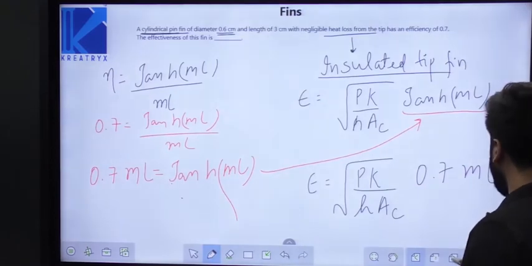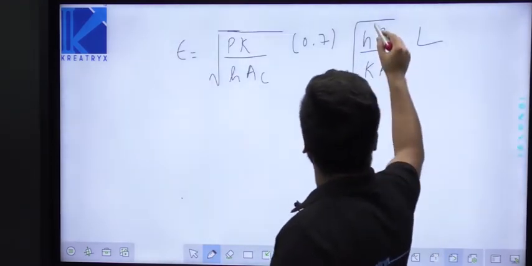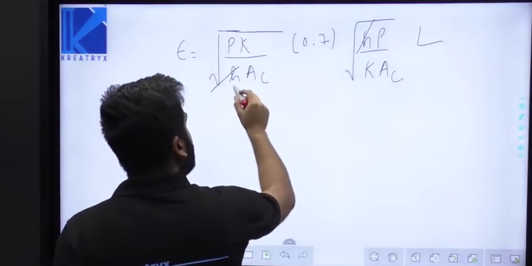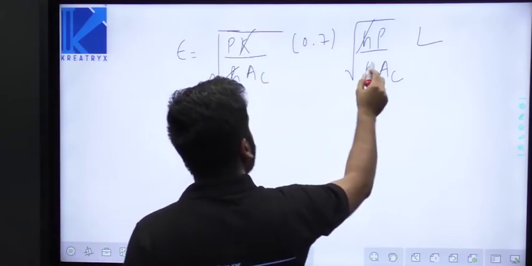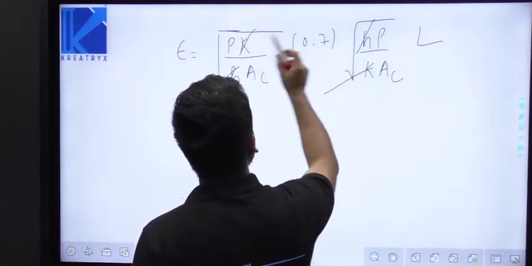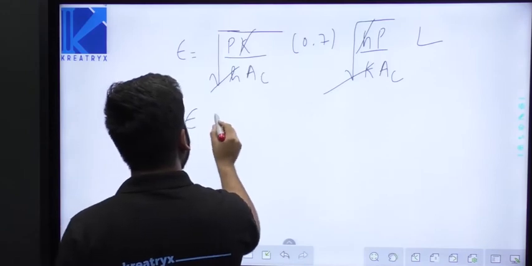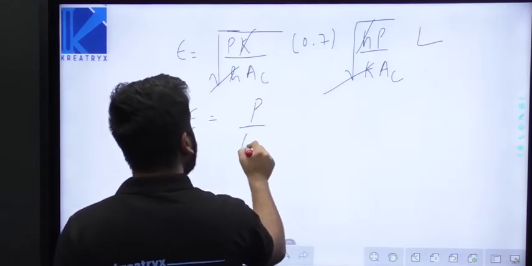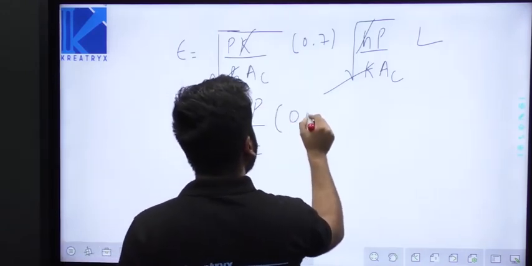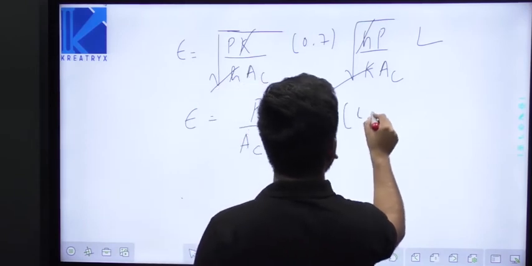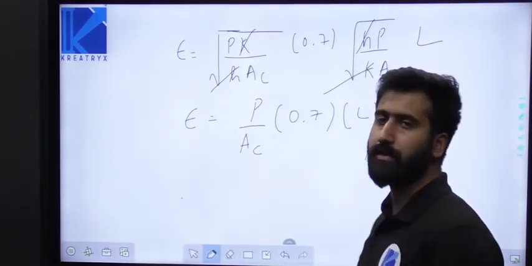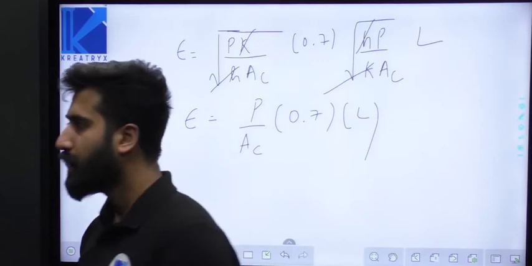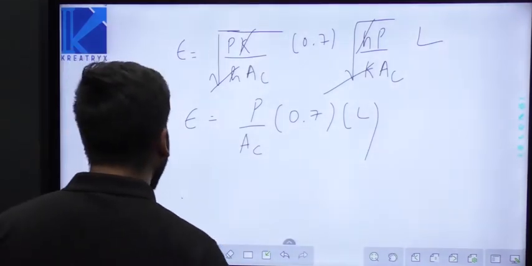Yes. So this root h and this root h get cancelled out. This root k and this root k get cancelled out. This is root p upon Ac into 0.7 into L. Great. Now I can solve this question because diameter and length are given to us.